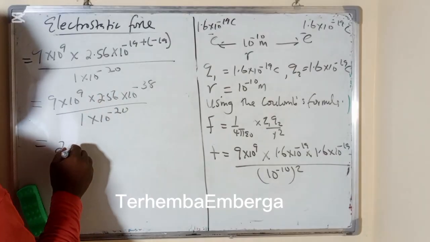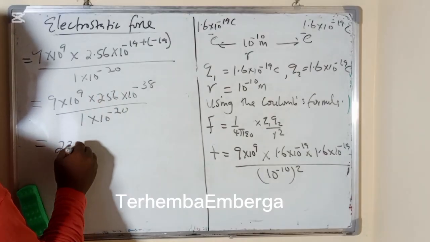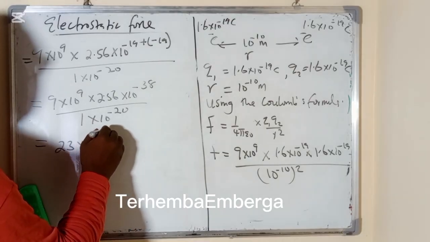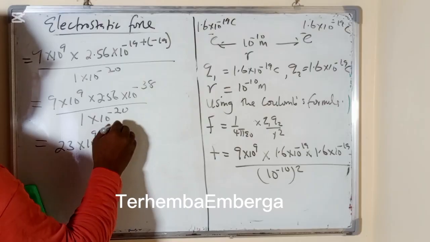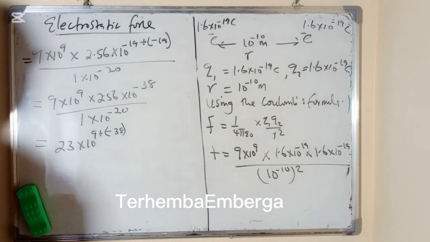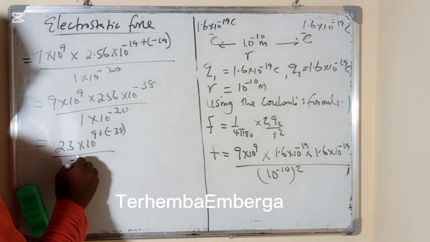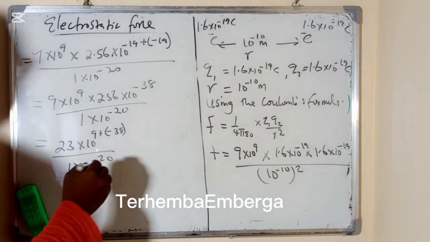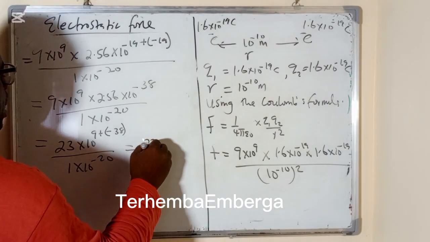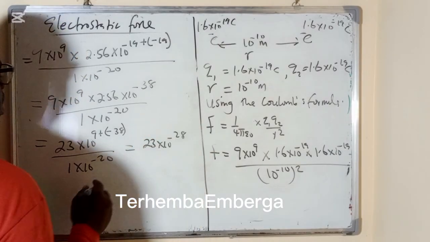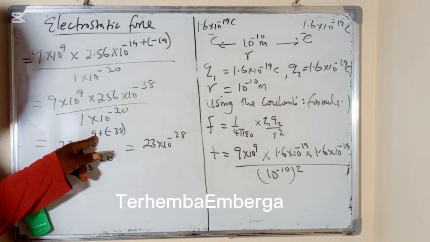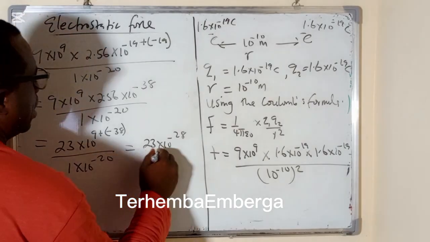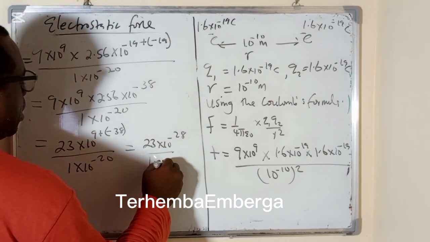So we have 23 times 10 raised to the power 9 plus minus 38, divided by 1 times 10 raised to the power minus 20. If you do this, we will have 23 times 10 raised to the power minus 28, because 9 minus 38 gives us minus 28, divided by 1 times 10 raised to the power minus 20.